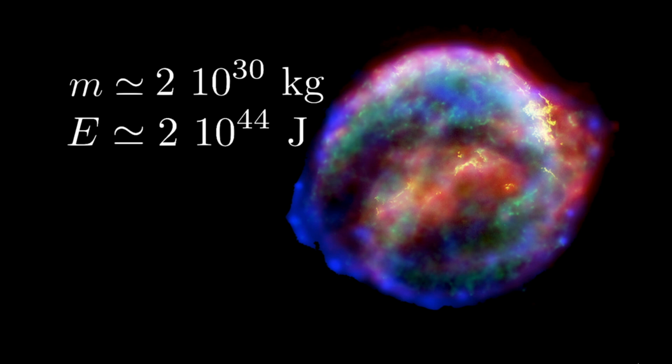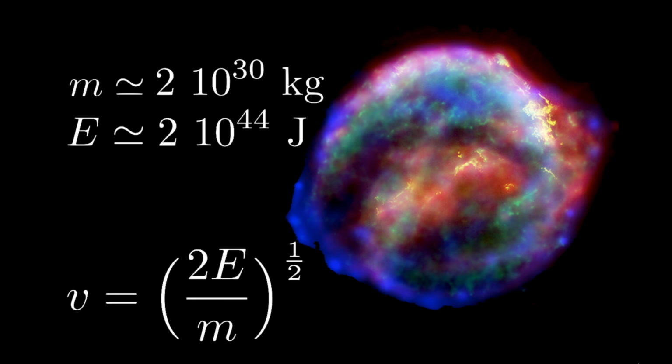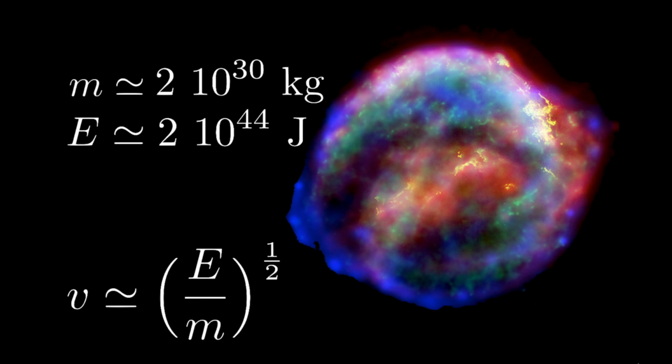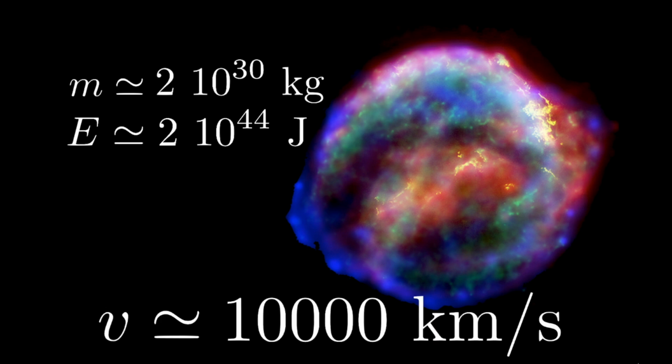In this context, the speed of the leading edge of the supernova remnant can be estimated from the ratio of energy and mass. Given the uncertainty on the mass and energy, the factor 2 is a bit pretentious, so it's probably safer to drop it and use an approximate sign. We can then estimate the front speed by plugging the values for E, the energy, and m, the mass, reaching a daunting 10,000 kilometers per second.